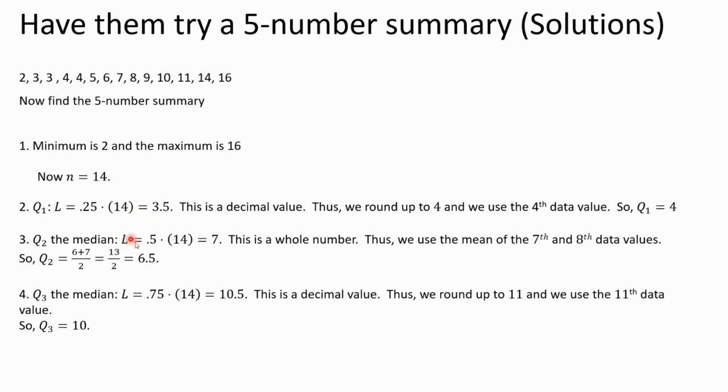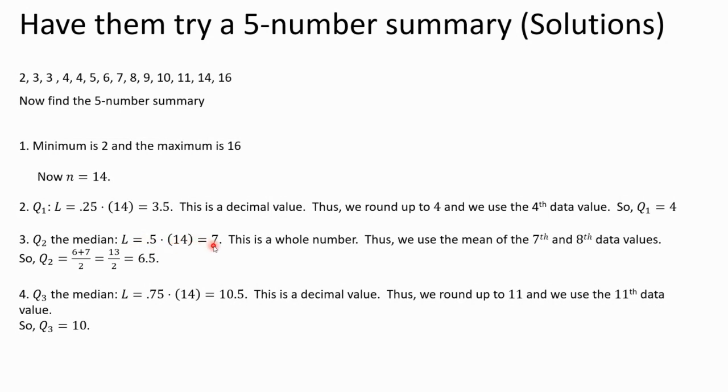So that's Q1. Q2 is the median. We saw another process for how to get the median. This one's a little bit different, but in essence, it's really the same. Basically here, the locator you get is 50% of n, which is 0.5 times n.